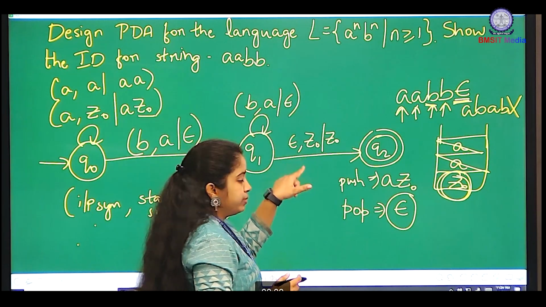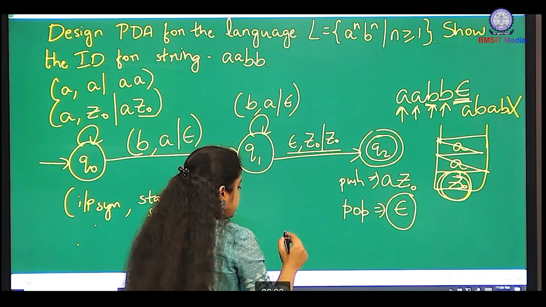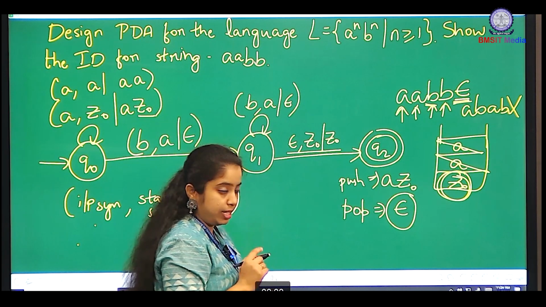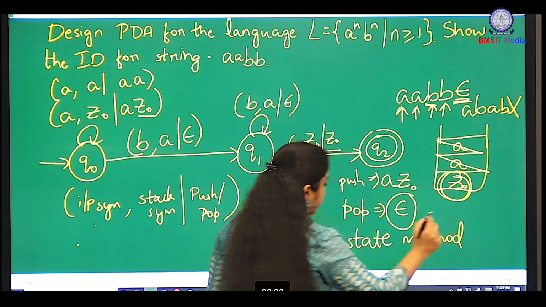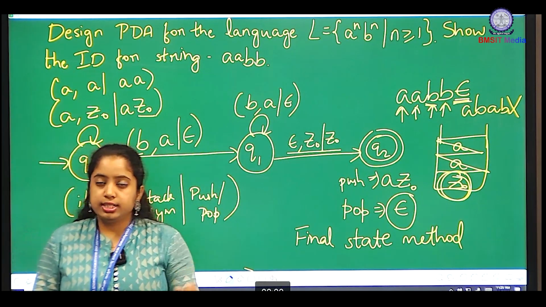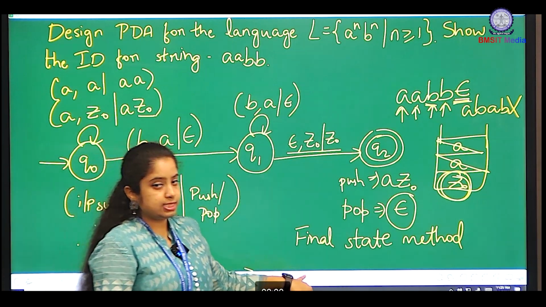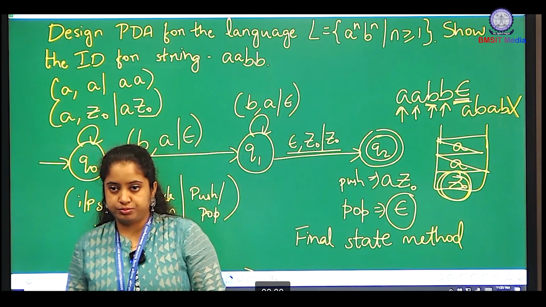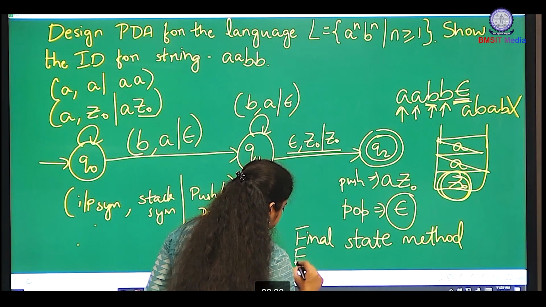This method of writing the final transition is known as acceptance by final state method. So if in the question they have asked you to design the PDA for the language by accepting using final state method, then you have to write this. Or else there is one more method, which is the empty stack method.